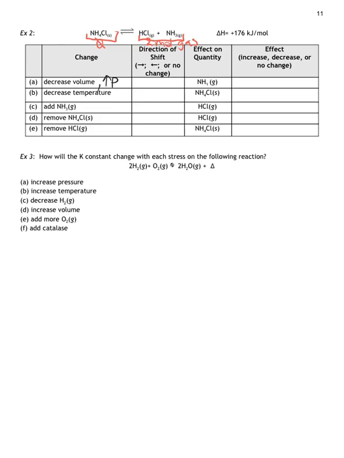And because you're decreasing volume, you want to try to alleviate that stress by going to the side with less moles of gases, because there's less pressure that will be exerted there. And so your shift is going to be in the reverse direction, and that means it's this arrow.